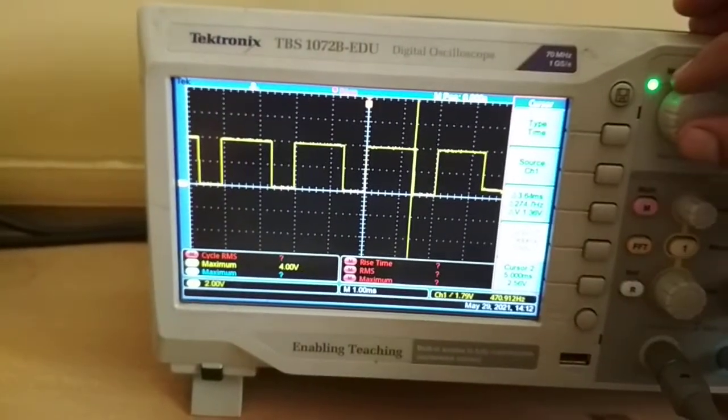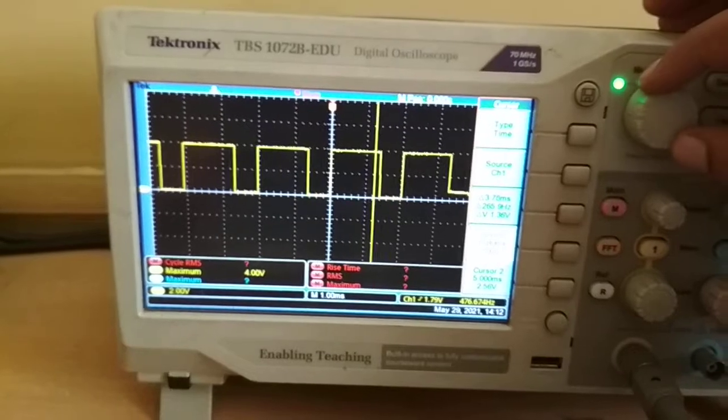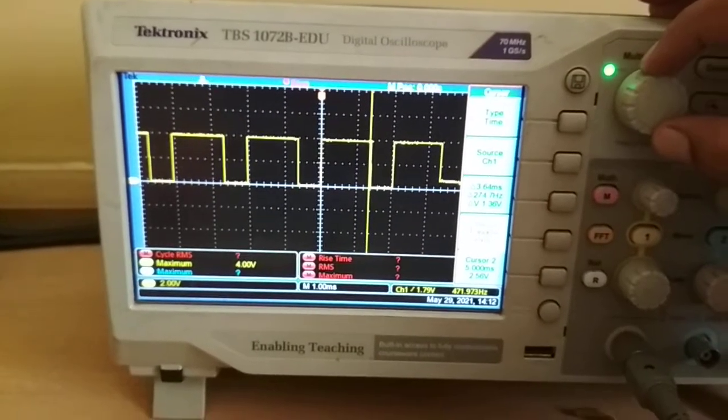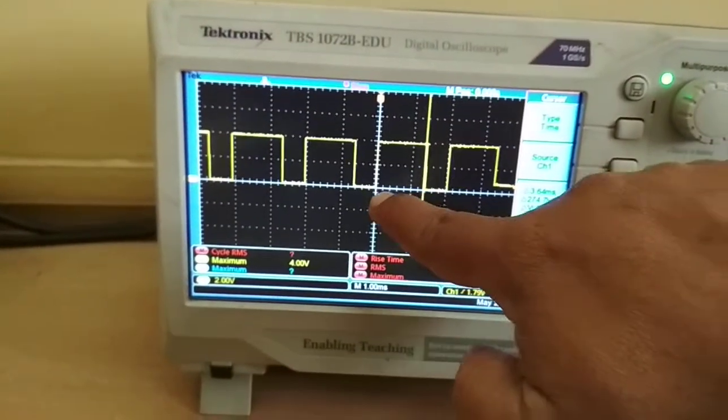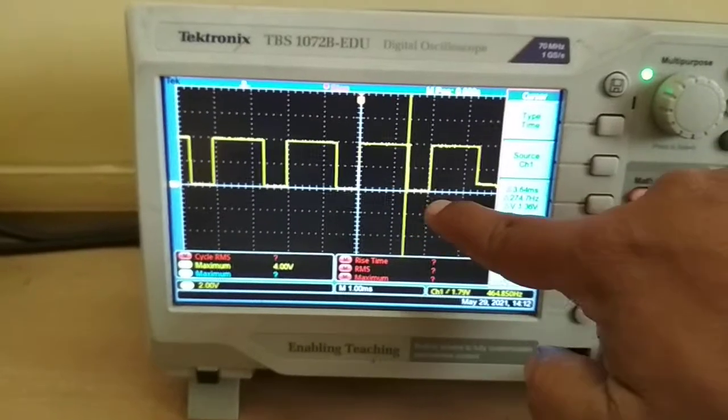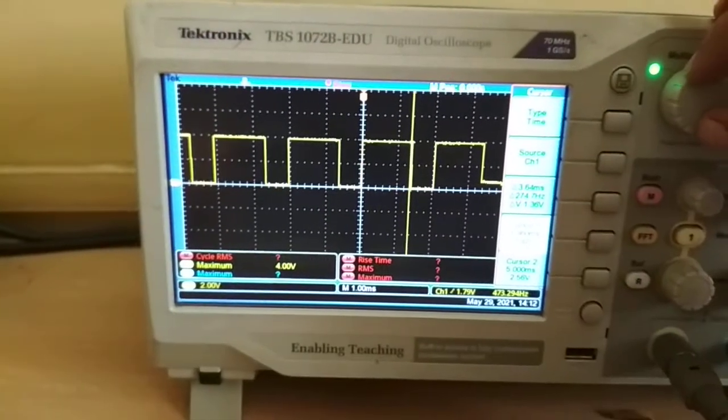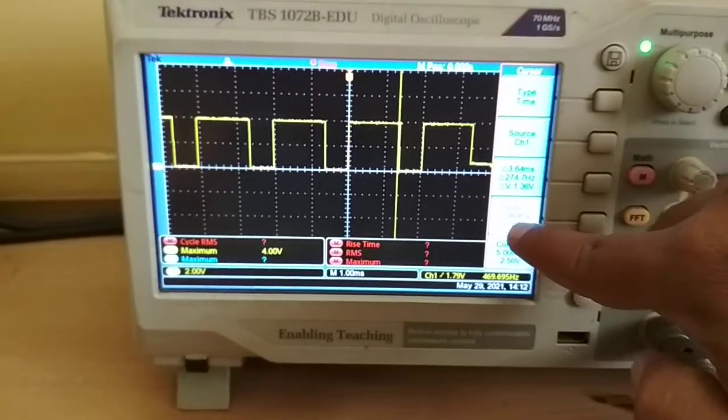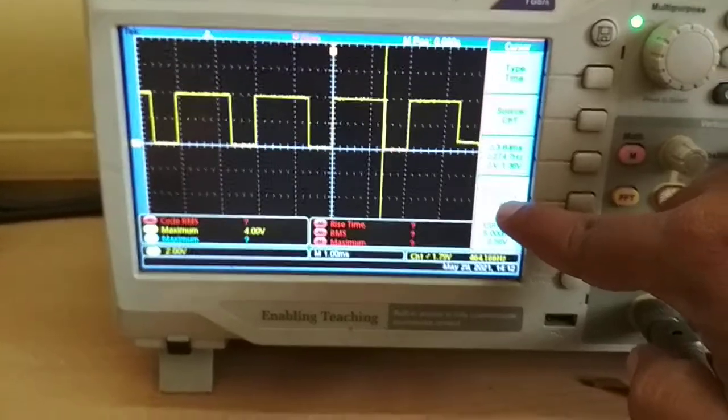Here you can observe my cursor movement. This is my T on time, and this is T off. I am measuring the T on time, and the T on time is 1.36 millisecond.